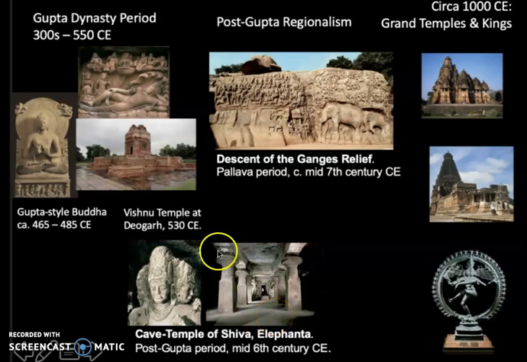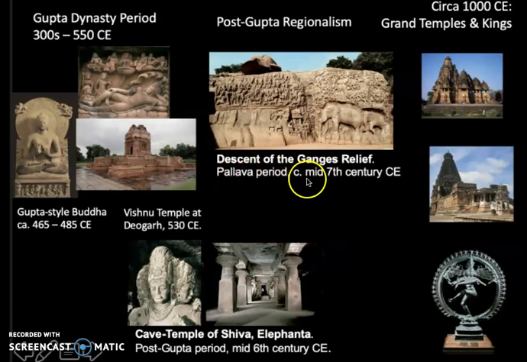Because the history of India is not really a story of a unified dominant power controlling the whole subcontinent. After the Gupta dynasty period, I'm referring to post-Gupta regionalism to suggest that we can talk about the Pallava dynasty period, but this is not covering the whole of the subcontinent.